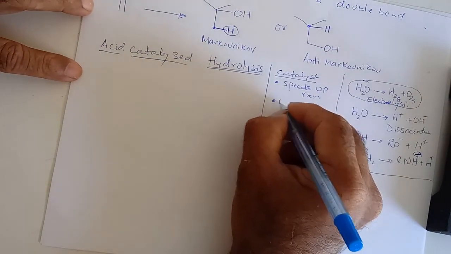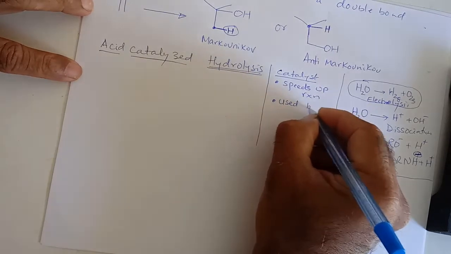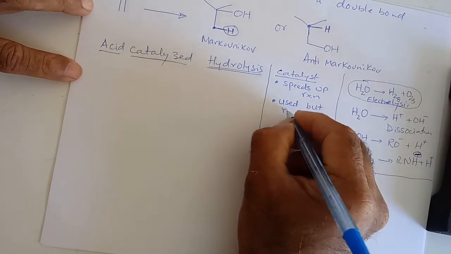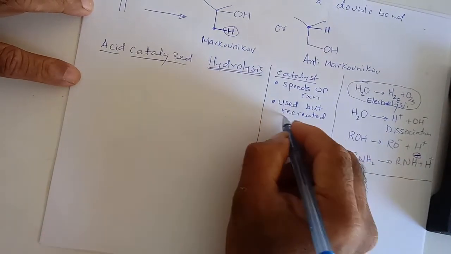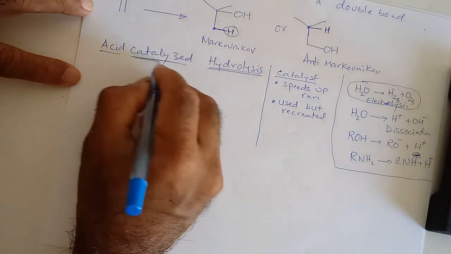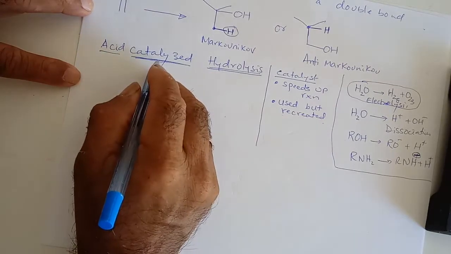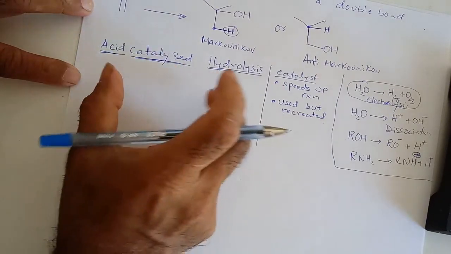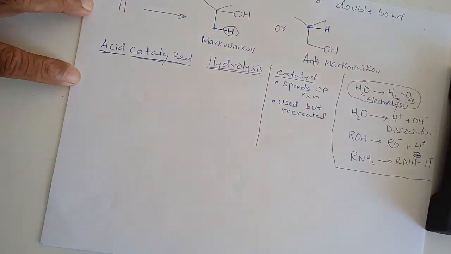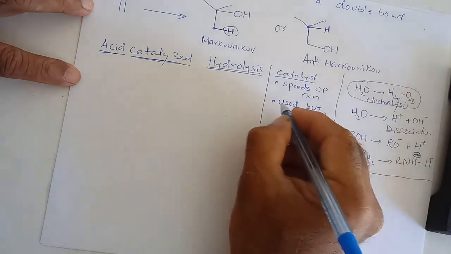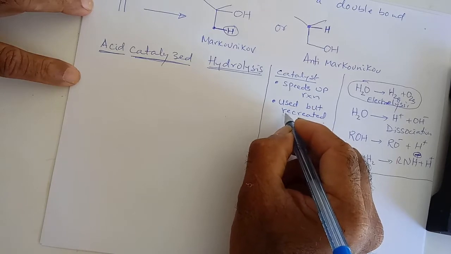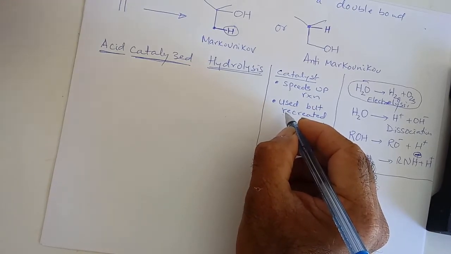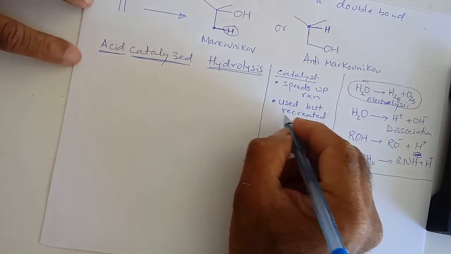It is used up but recreated. It is used during the reaction but recreated, and that is the terminology we are going to use. Catalysis means an H plus is used up during the reaction and is released by the time the reaction is finished. Anytime we see something used and then recreated, then it's called a catalyst.